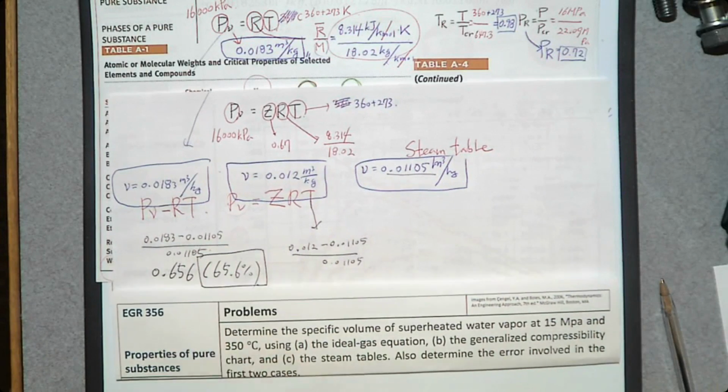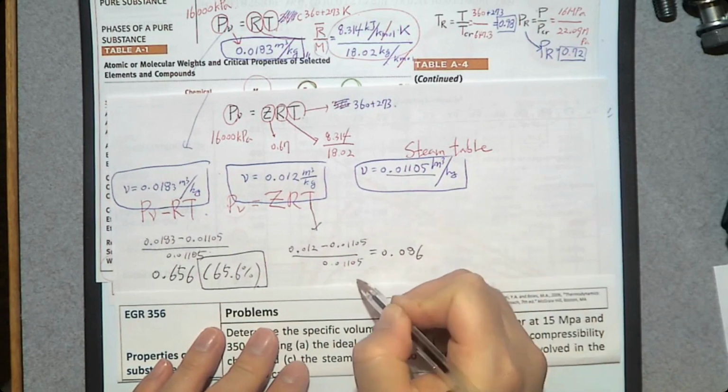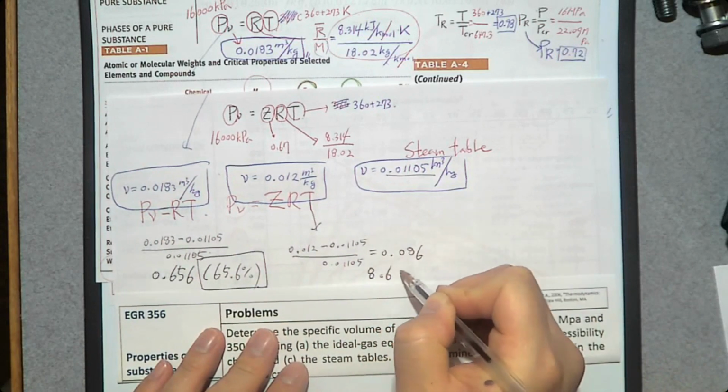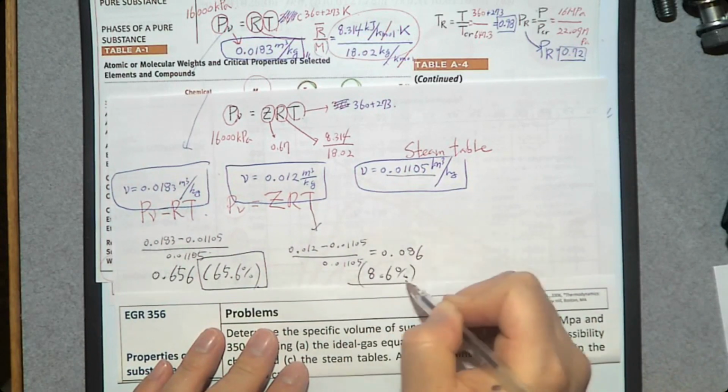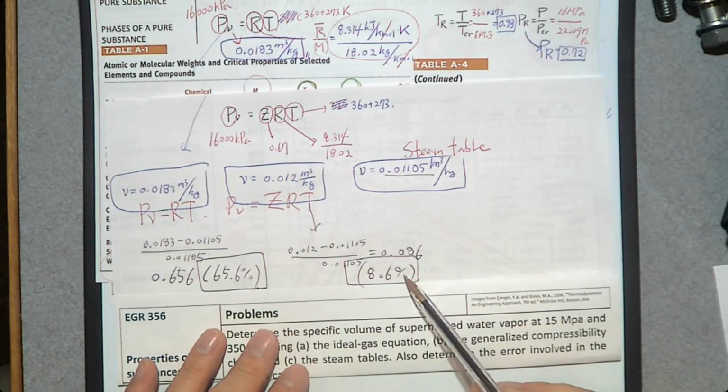We get 0.086, which means 8.6% error, which is much less than this error, however, still quite significant.